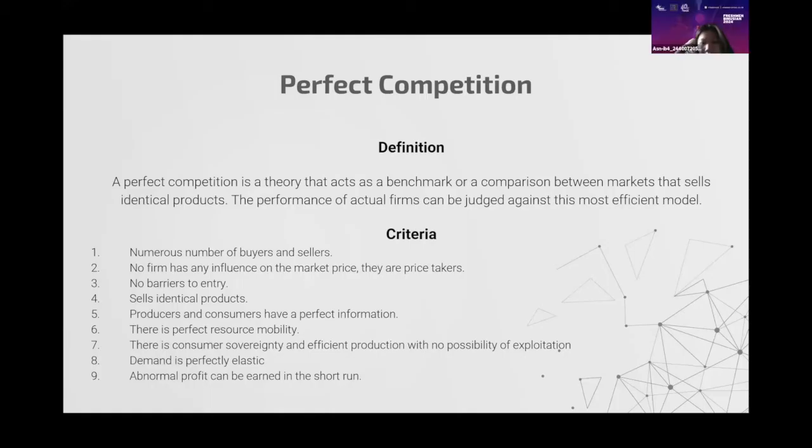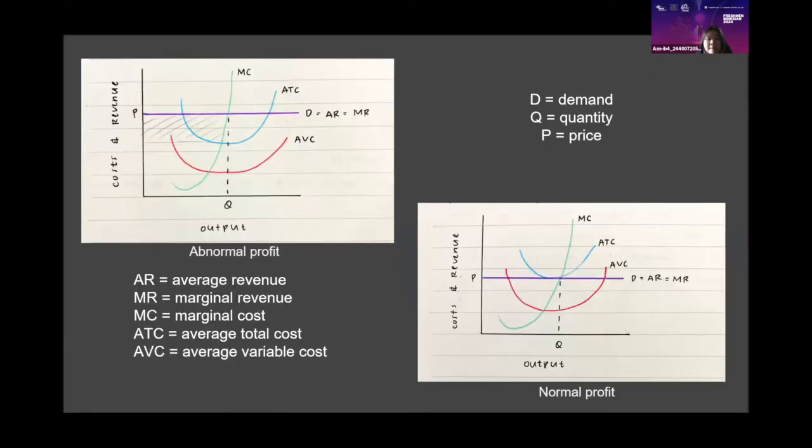There is consumer sovereignty and efficient production with no possibility of exploitation. Number 8, demand is perfectly elastic. Number 9, abnormal profit can be earned in a short run. So I will be explaining the graph. As we can see, this is 2 out of the 3 graphs that a perfect competition has.